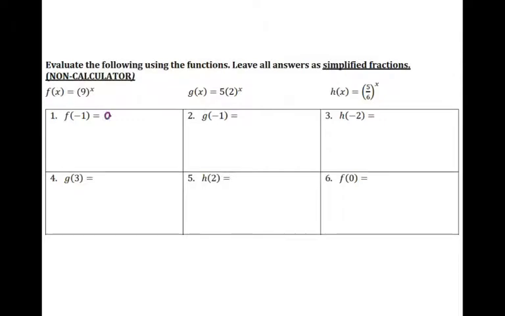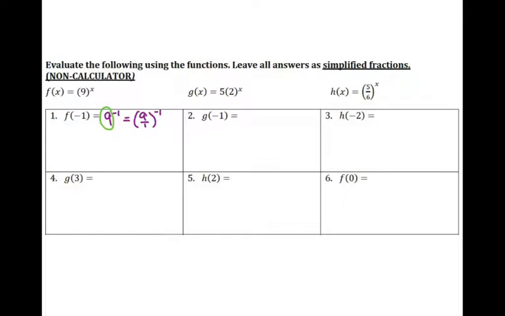So I have 9 to the negative first power. Now we have a negative exponent. Anytime you are presented with a negative exponent, what you need to do is flip the base. My base is a 9, and 9 as a fraction is 9 over 1. So what I really have going on is 9 over 1 to the negative first power.